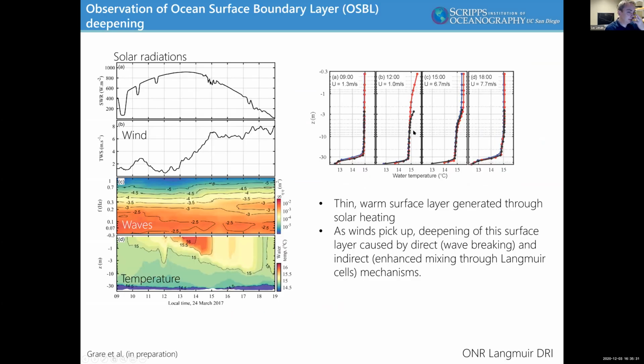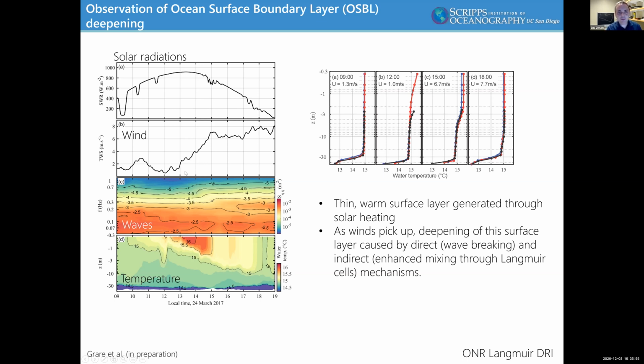Another showcase is looking at the deepening of the ocean surface boundary layers. Some stuff that Jerry had looked at several years ago from FLIP, but this is what we got from the wave glider. So I'm showing here the solar radiation. Obviously, this is the middle of the day here.